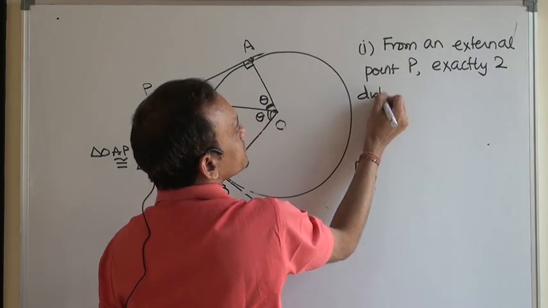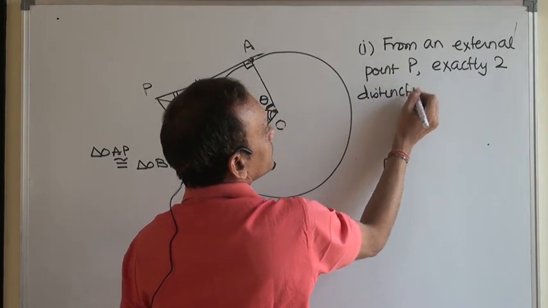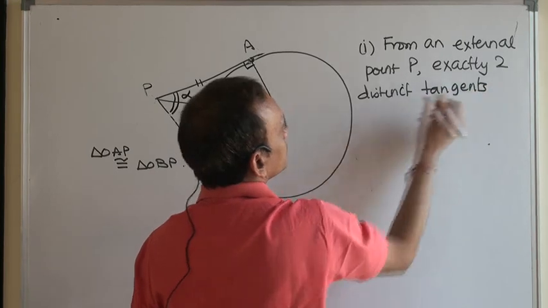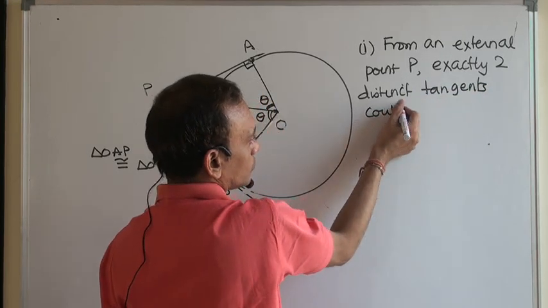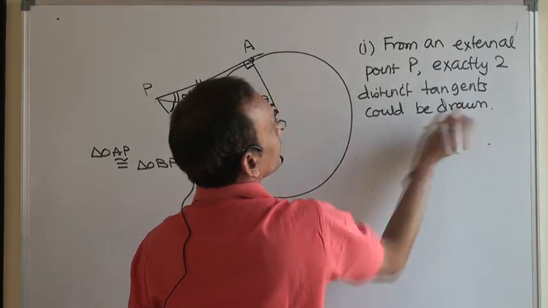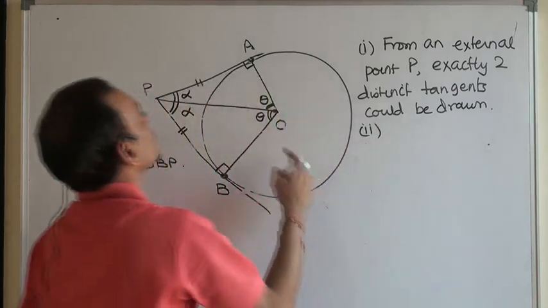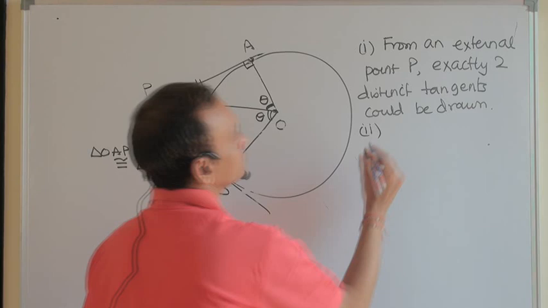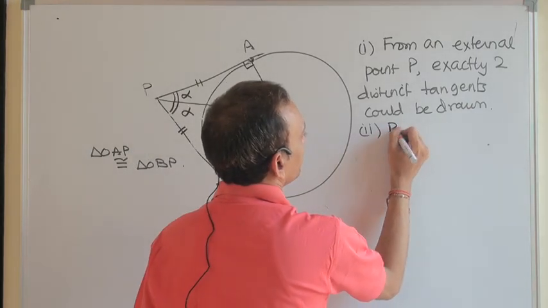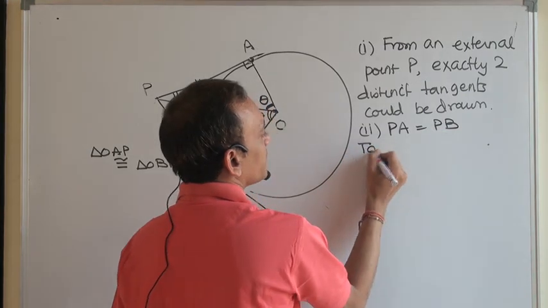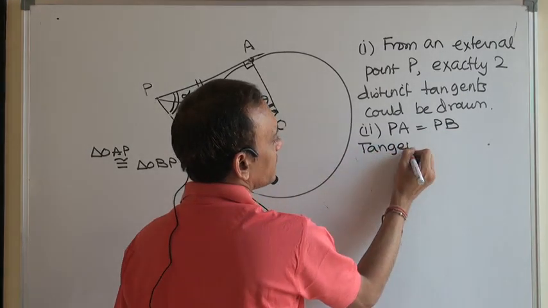Two distinct tangents could be drawn to a given circle. Second, the length of the two tangents drawn from an external point must be equal. PA equals PB. Tangents from an external point must be equal in length.